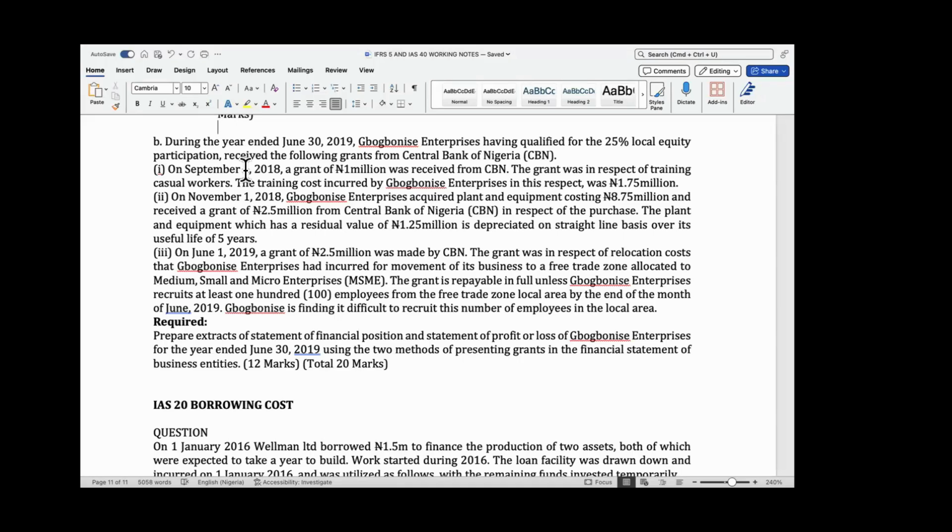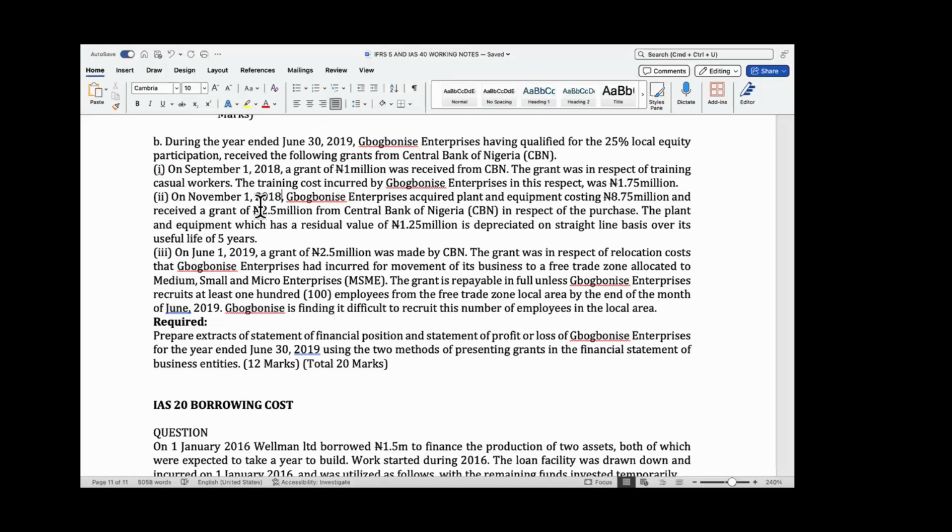The grant was in respect of training casual workers. The training cost incurred by Gbogbo Nishe Enterprises in this respect was 1.75 million. On November 1st, 2018, Gbogbo Nishe Enterprises acquired plant and equipment costing 8.75 million and received a grant of 2.5 million from Central Bank of Nigeria in respect of the purchase.